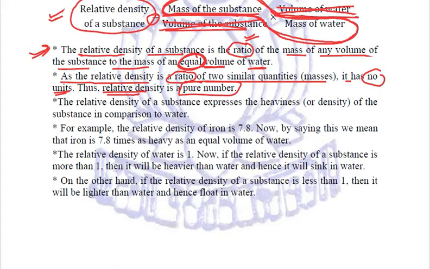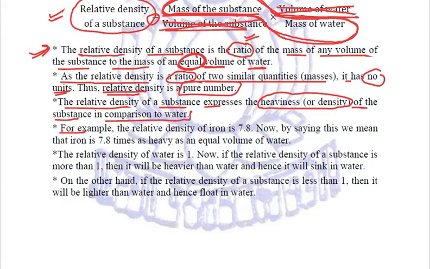Another important thing is that the relative density of a substance expresses the heaviness or the density of the substance in comparison to water. Let us try to understand with the help of an example.